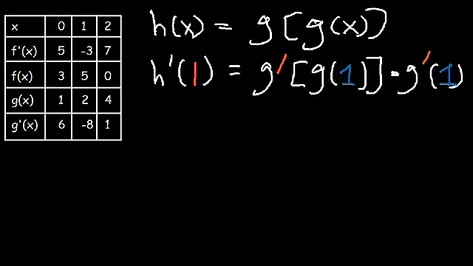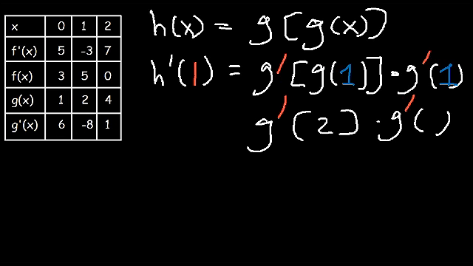So let's find out what the value of g of 1 is. So when x is 1, g of x is equivalent to 2. So g of 1 is 2. Now, what is g prime of 2? What is that equivalent to?